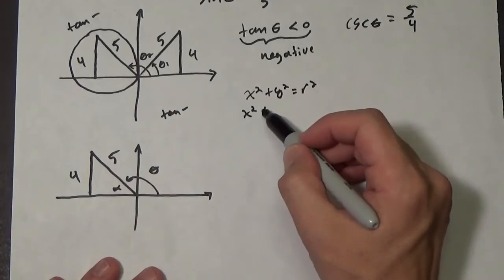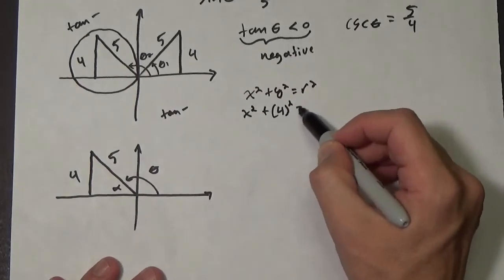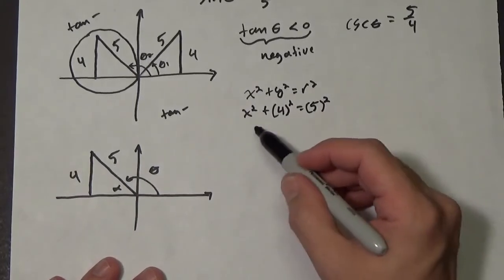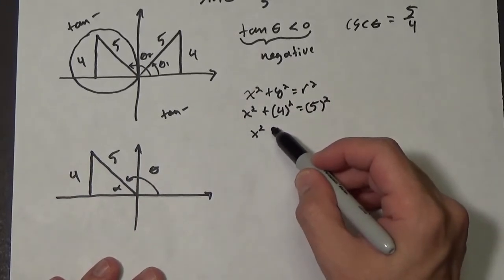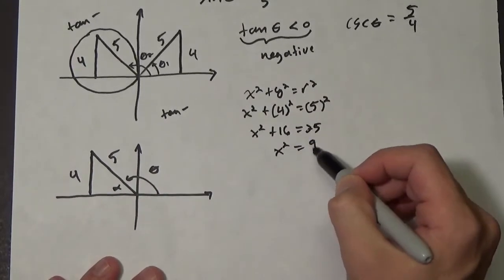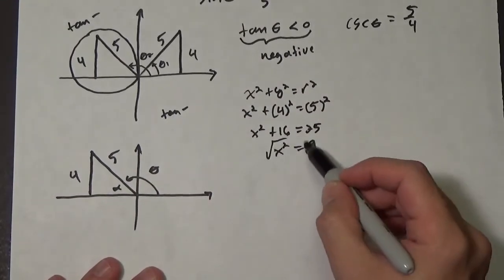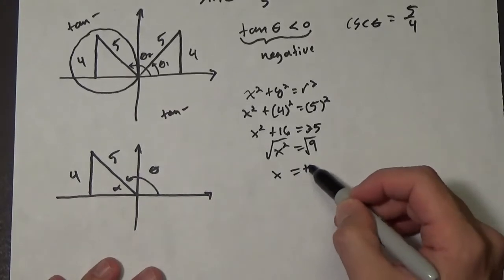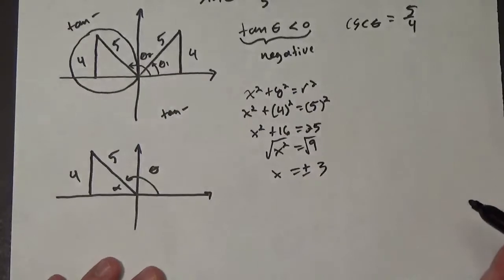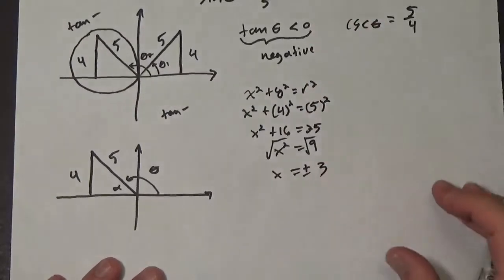So we have x squared plus 4 squared equals 5 squared. So this is x squared plus 16 equals 25. So x squared is 9. And so we take the square root of both sides, and x is plus or minus 3. And if you recognized it, it is a 3, 4, 5 triangle, but anyways, we went through it.